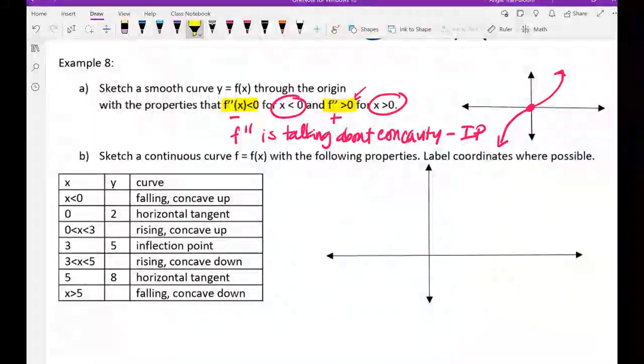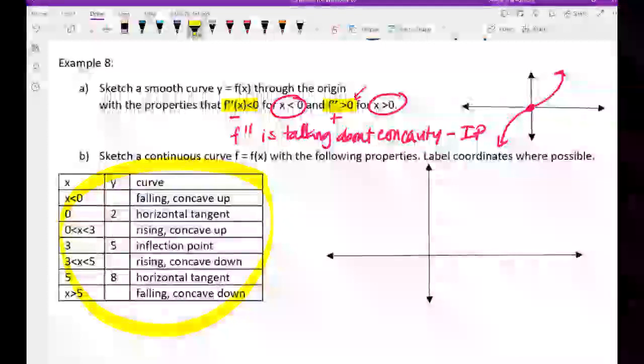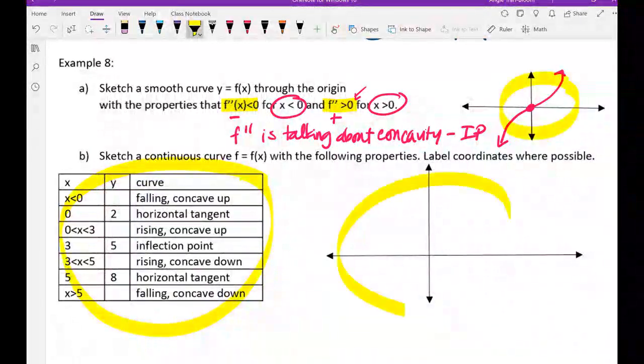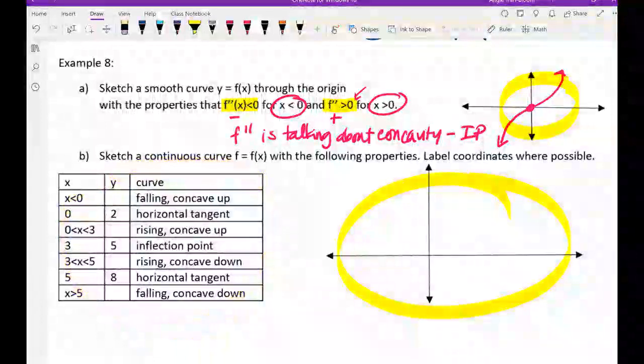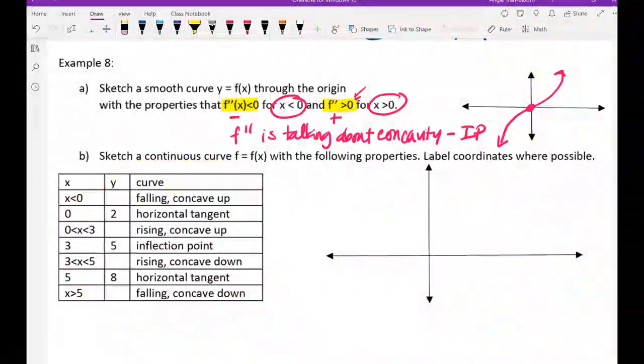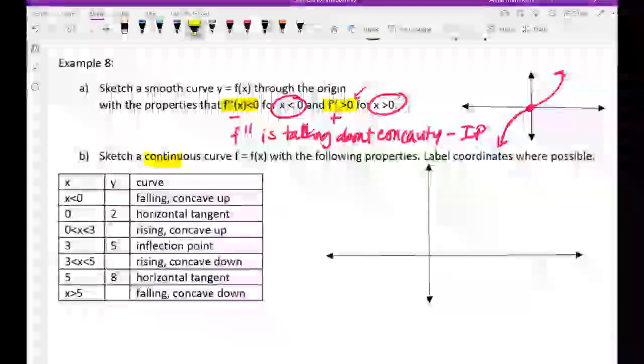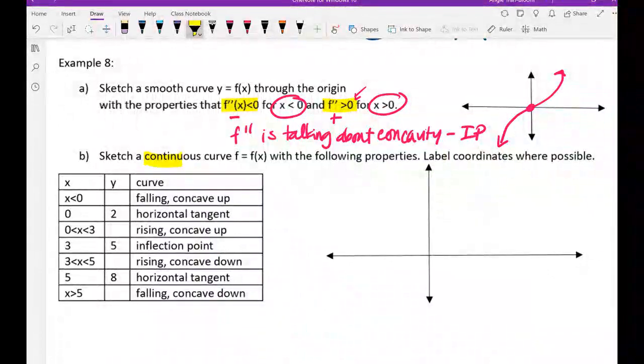Now on B, I understand that if you printed your notes earlier, this is not going to be here, neither these graphs. So can you take a minute, pause this video, and copy all of those down before we start? B: sketch a continuous curve of y equals f of x with the following properties. Label coordinates where possible.